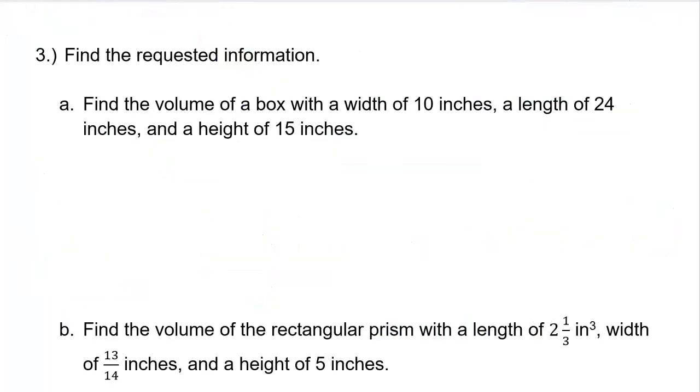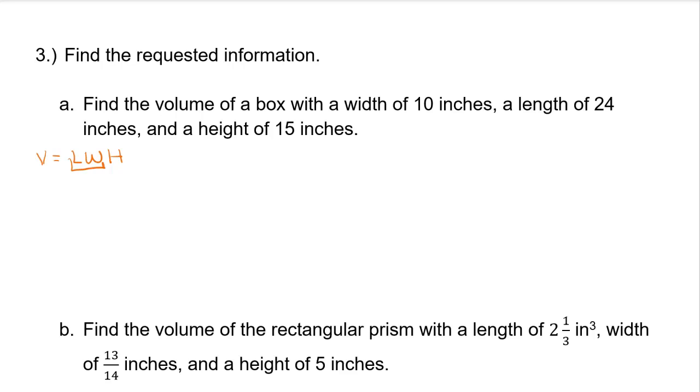Earlier, we talked about the formula for the volume of a rectangular prism, which is a box, basically just a pretty name for that. The formula for the volume of a rectangular prism is length times width times height. So notice it's area multiplied by one more dimension, by the height.